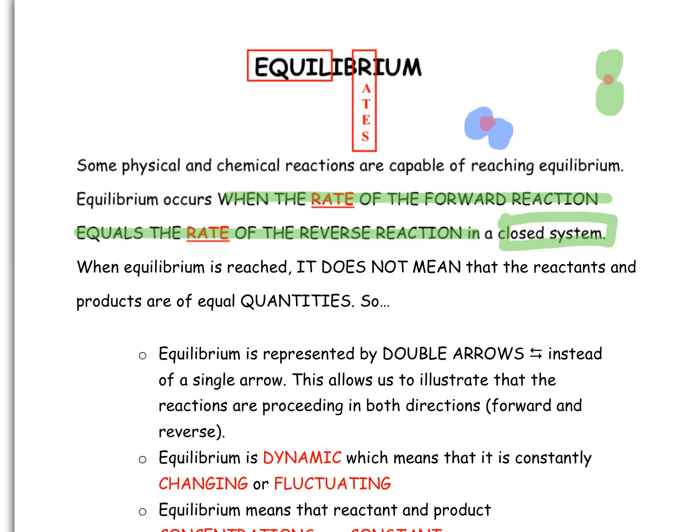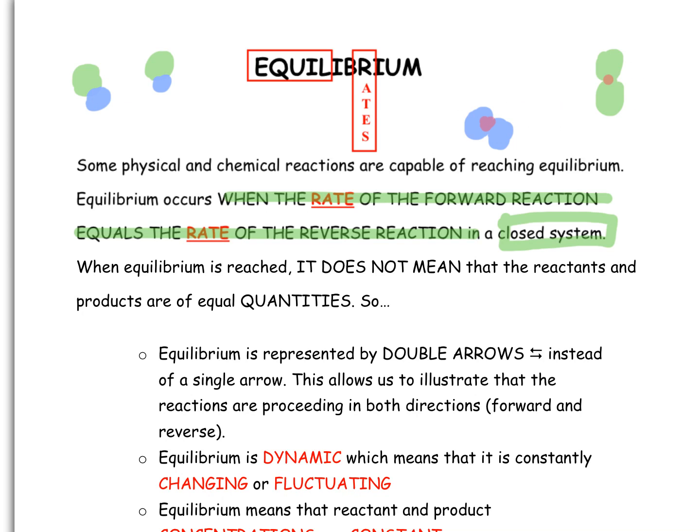Now what happens if I have an HCl and another HCl? This reaction has occurred and I have product. Well, if these products collide with the correct orientation and the correct amount of energy, I can go back to producing reactants.